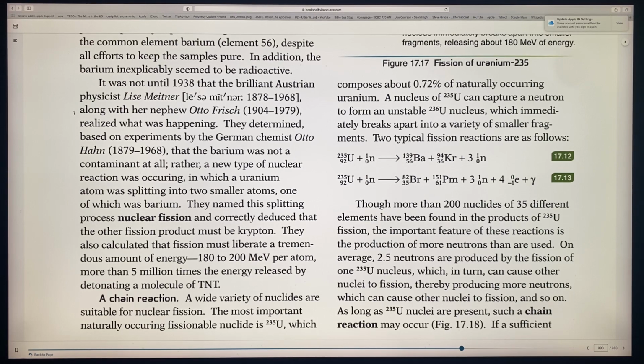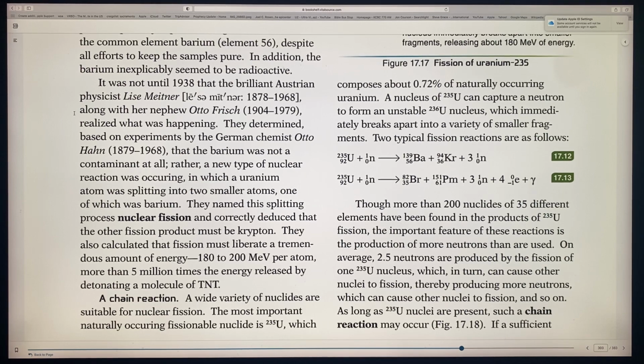correctly deducing that fission was a splitting process and that another product must be krypton. So they thought, okay, barium and krypton, did these uranium atoms actually split into new atoms? And so they calculated that fission must liberate a tremendous amount of energy. When you split atoms, energy is let off. Remember the strong nuclear force and all the energy; splitting these atoms would release energy beyond what we could even imagine.